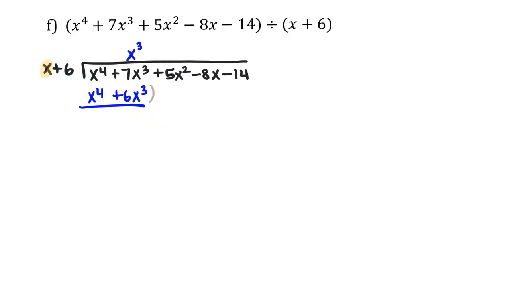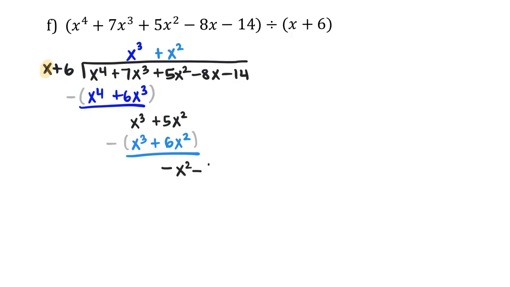And you don't have to put the minus, but you do need to subtract. Cancel, 7 minus 6 is 1x to the third. Bring down the 5x squared. Okay, x times x squared gives me x to the third. So x to the third, 6x squared. Subtract. So that's negative 1x squared.